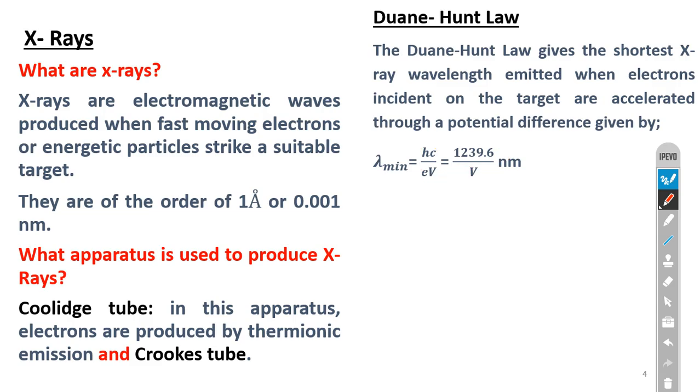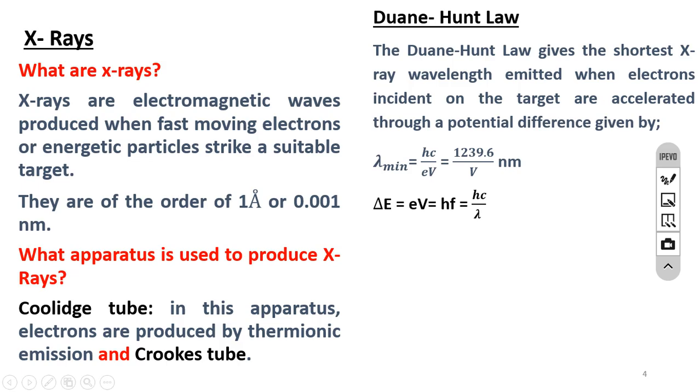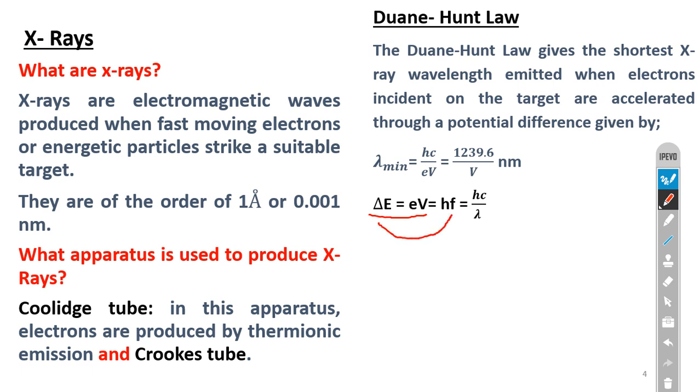Alright, so let's move to the next step. The expression can be summarized as E equals eV equals hf equals hc over lambda. They all mean the same thing. These are expressions for energy. I can say E equals eV. I can as well say E equals hf.